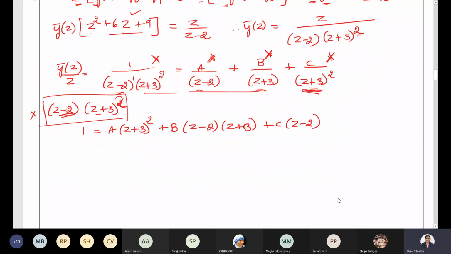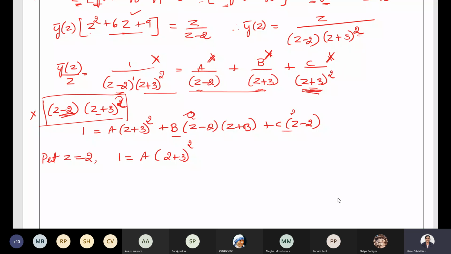Now we will have to find the coefficients A, B and C. First thing, what do we do? First, if I put z equal to 2, this term will be 0, this also will be 0. Let's put z equal to 2. 1 equals A into (2 plus 3) the whole square. Here see, z minus 2, z is 2, 2 minus 2, so this term becomes 0.